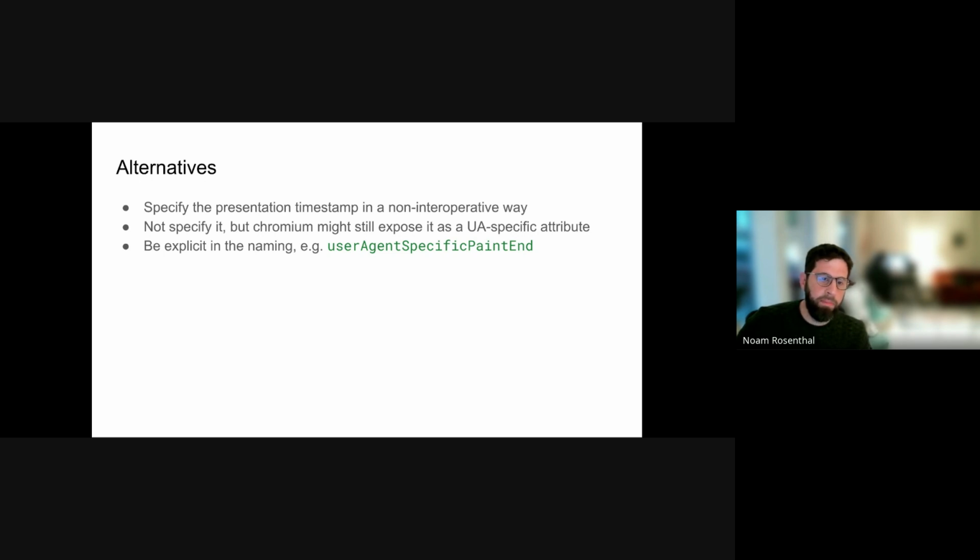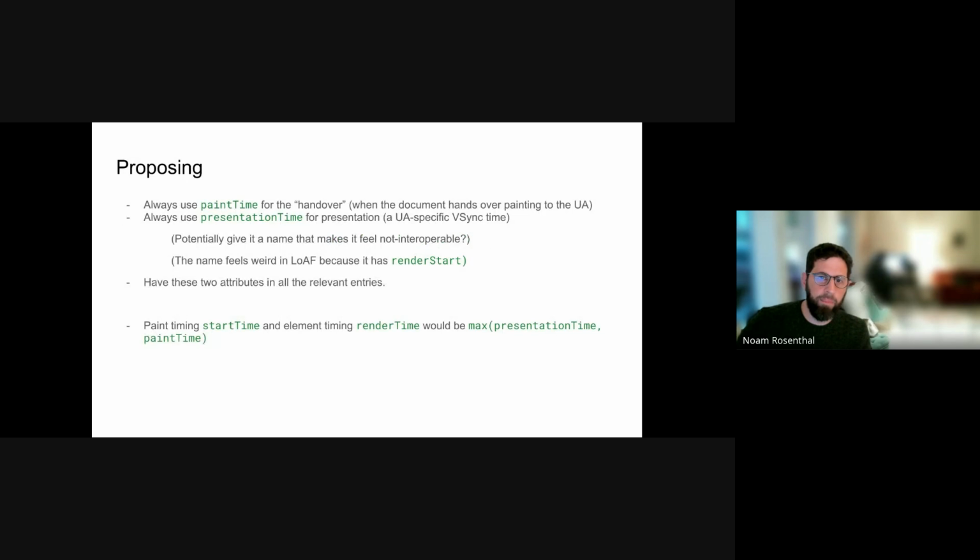We can also be more explicit about namings, call it user agent specific paint end or something. It's ugly, but it at least doesn't create expectation. Or we can call it Blink presentation time, or Most presentation time, whatever, just to set expectation that those are not comparable. I'm not sure if it's necessary.